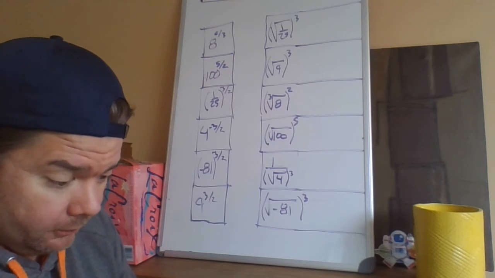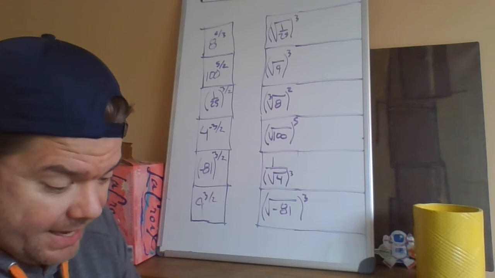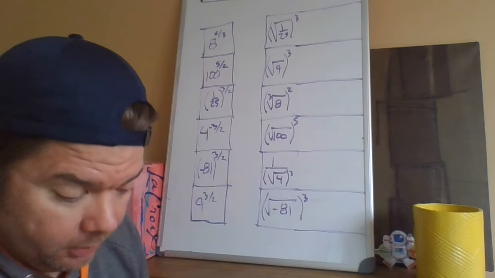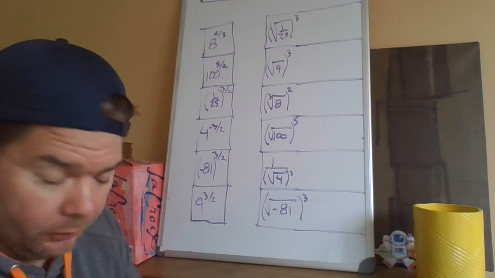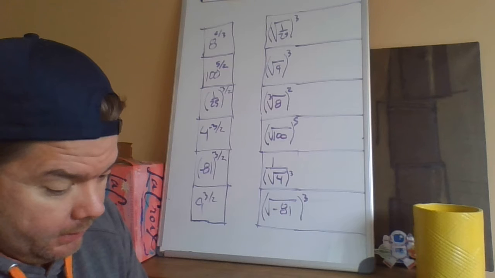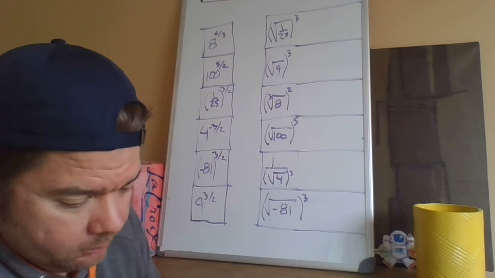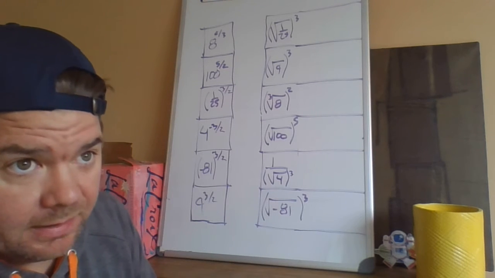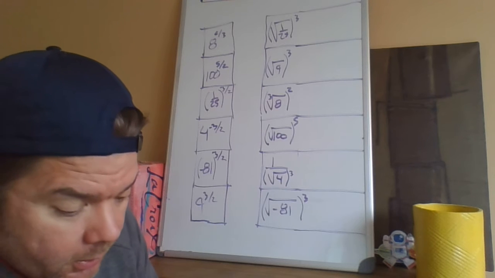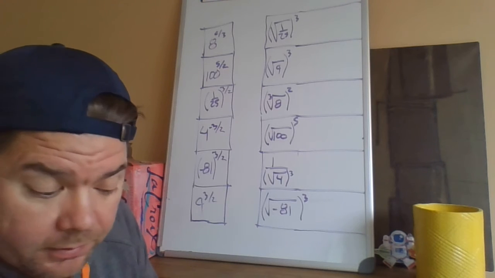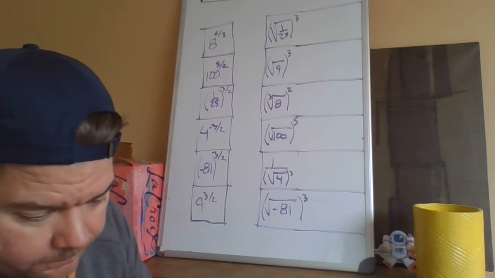So what that means is 16 to the 3/4 is taking the number 16 and doing two separate things to it. The first thing you do is find the fourth root of 16, because 4 is in the denominator of that fractional exponent. The fourth root of 16 is 2.